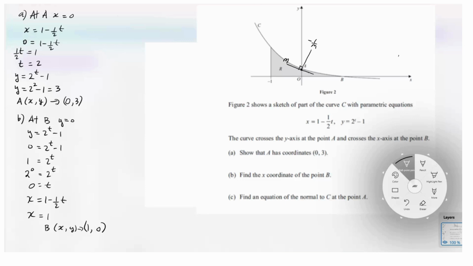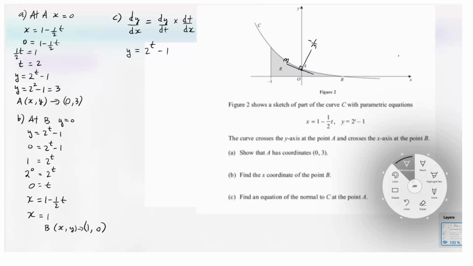So let's write C here. So dy by dx, which is the gradient of the tangent, we have y with respect to t, so we have then dy by dx equals dy by dt times dt by dx. We have y, let's write y equals 2 to the t minus 1.